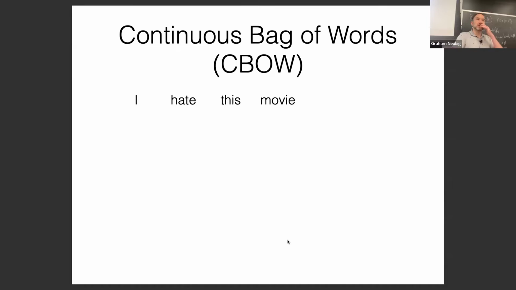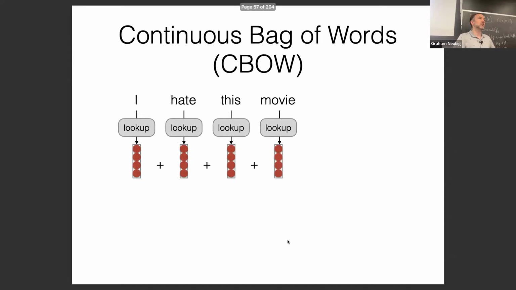Let's say we wanted to use this in a text classifier. The simplest extension of a text classifier is something called continuous bag of words. The way this works is you look up not sparse embeddings, not one-hot embeddings, but dense embeddings like this.